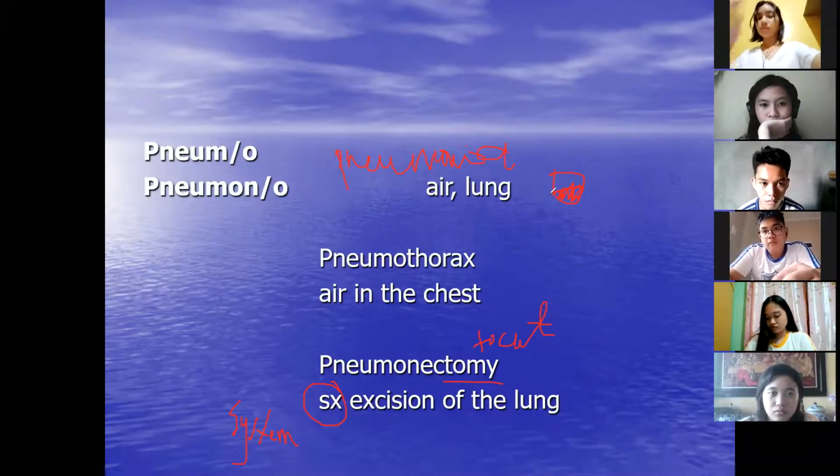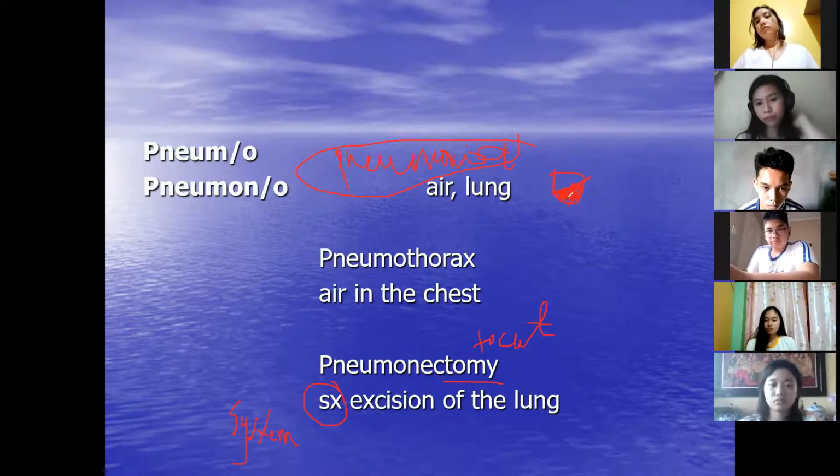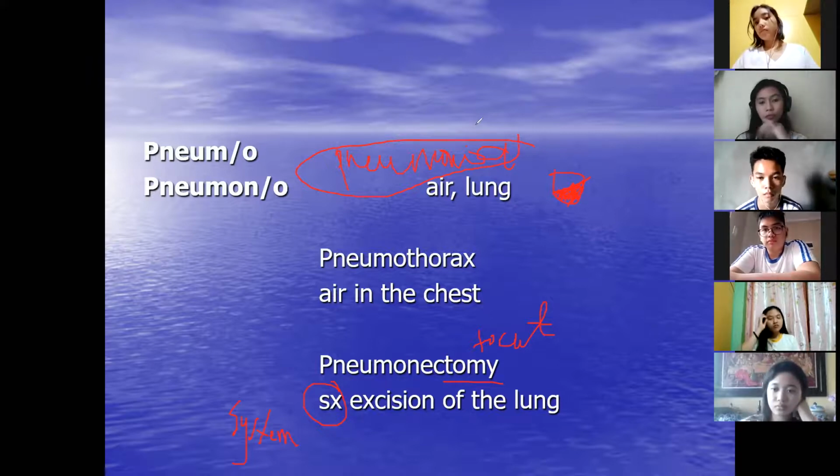But if water accumulates in your respiratory tract, then infection will occur. In particular, pneumonia means instead of air in the lungs, there's a fluid accumulation in your alveolus, or in particular in the lungs area.